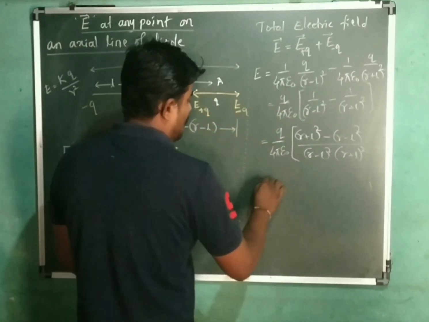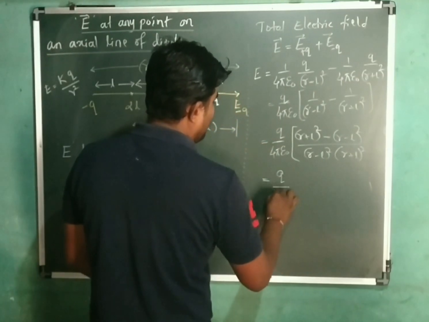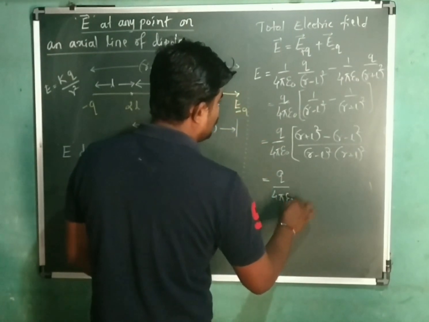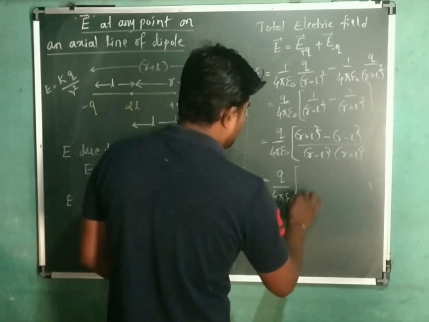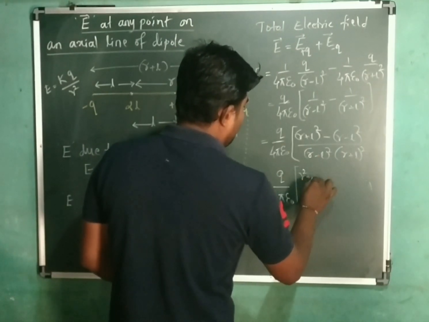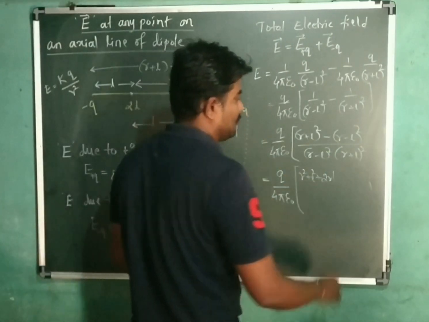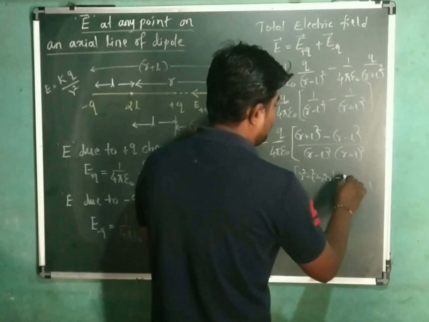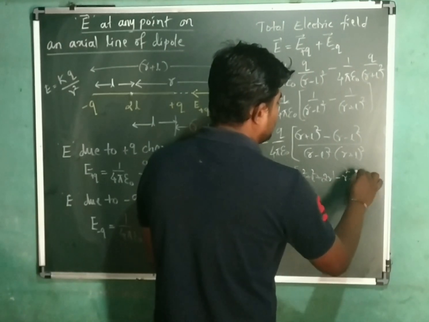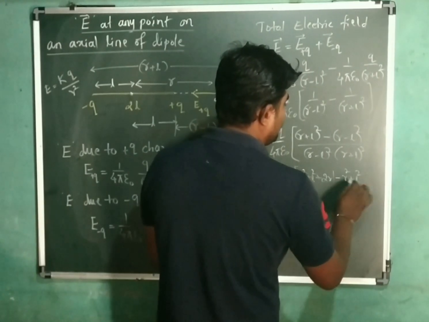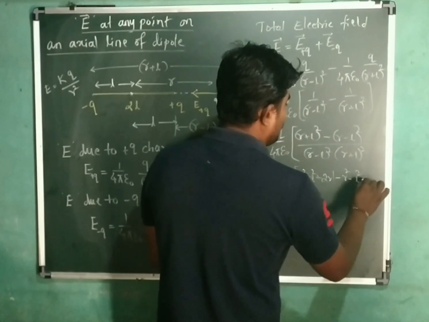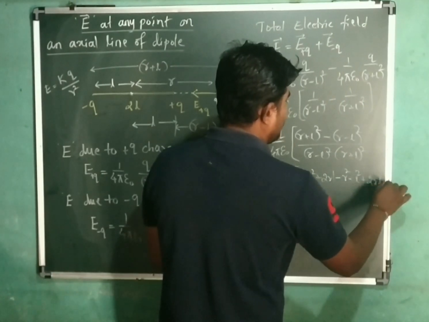Or q divided by 4 pi epsilon naught, r square plus L square plus 2RL, because it is in the form of (a plus b) whole square, minus r square plus L square minus 2RL, sorry, r square plus L square minus 2RL.